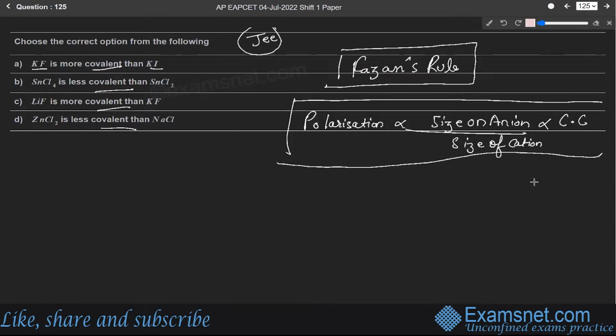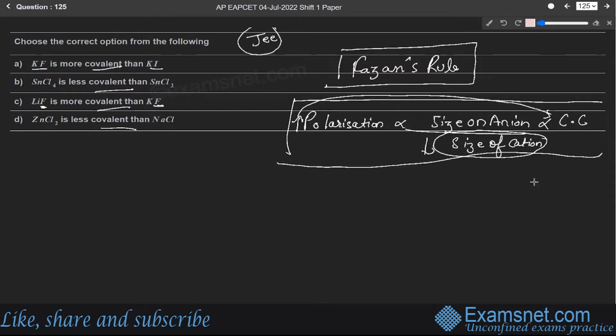Once you have a look into option C, I can see the fluorines are the same, right? If the anion portion is the same, you cannot compare. You have to go to the size of the cation now. The one with the smaller cation size would have more polarization, and that would directly go to covalent character.